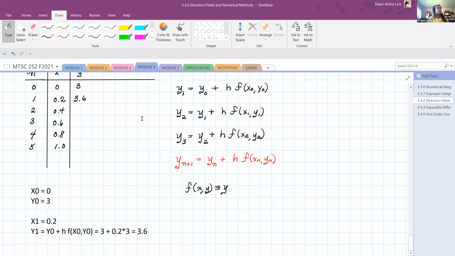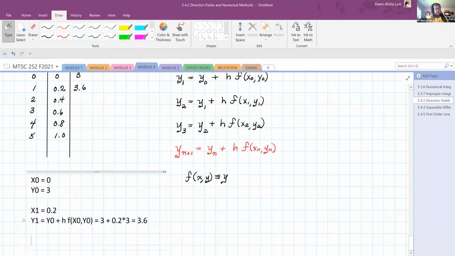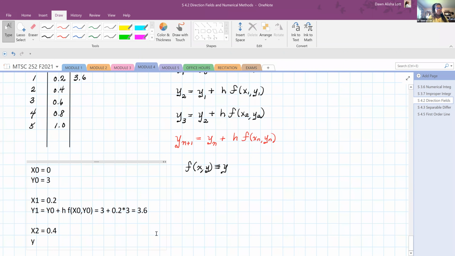Okay. Now we need to find x2. So what is x2? Well, x2 is simply equal to 0.4. And y2 is going to be y1 plus h times f of x1, y1.